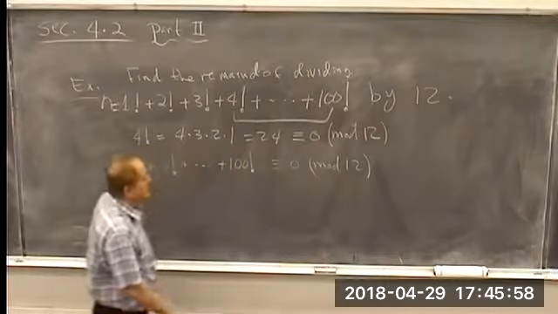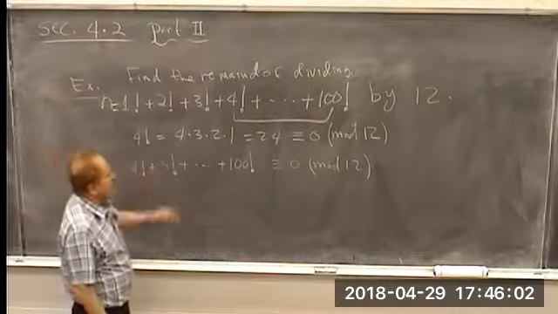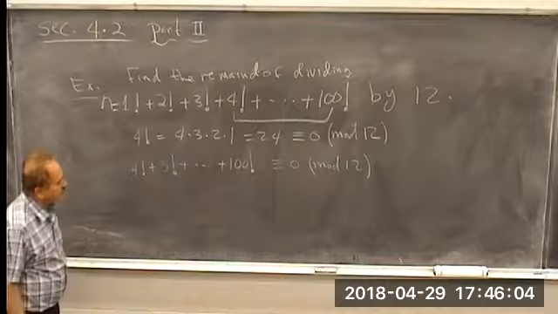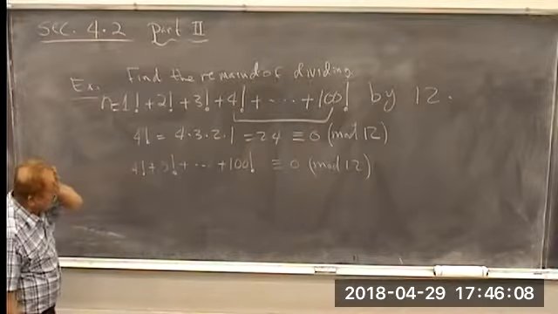And again, the reason for that is because each one of these divides, or contains, a 12. So it has a 12 as a sort of common factor.